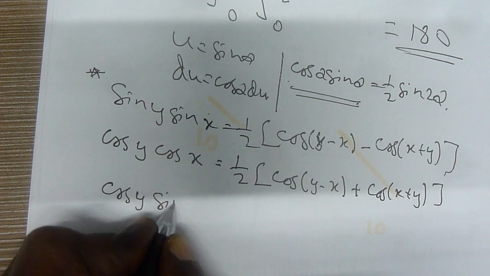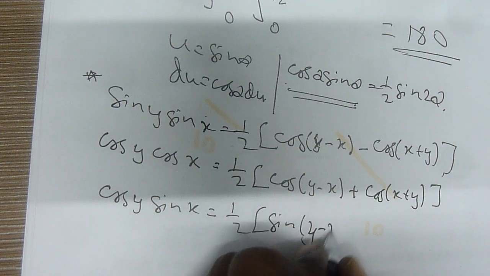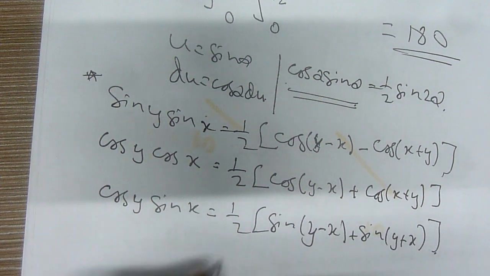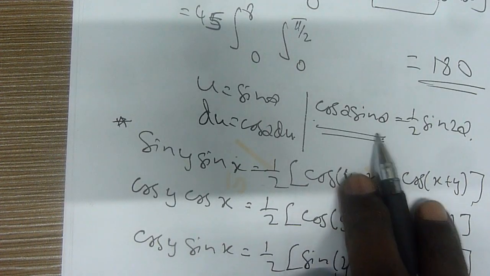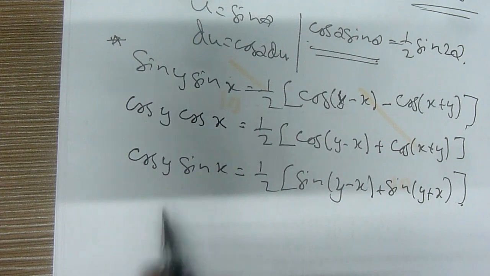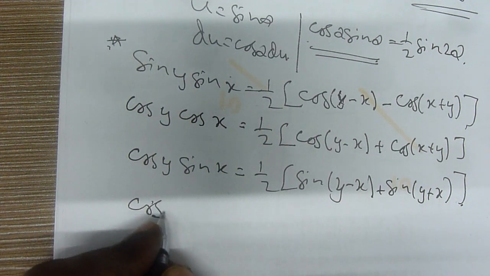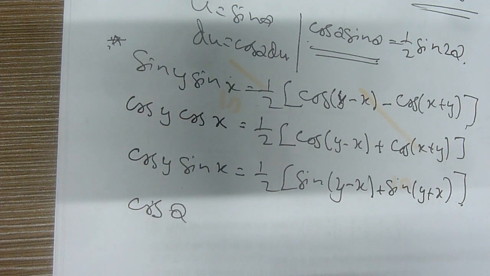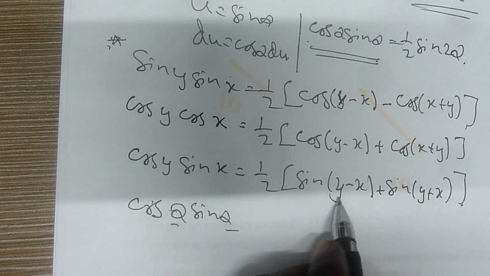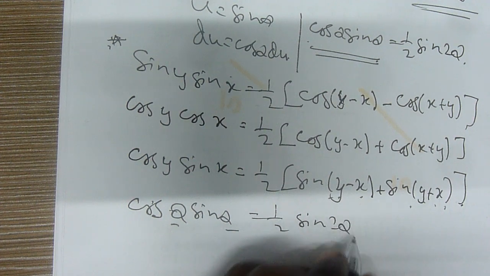Therefore, when I use this combination of cos and sin here, cos theta and sin theta are the same, therefore it becomes 0 sin 2 theta.